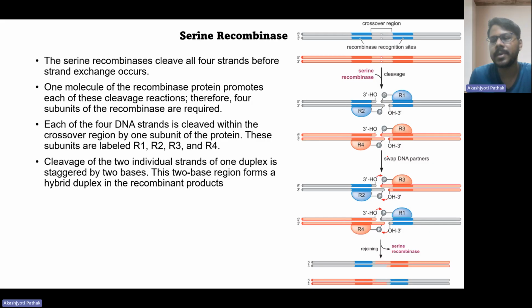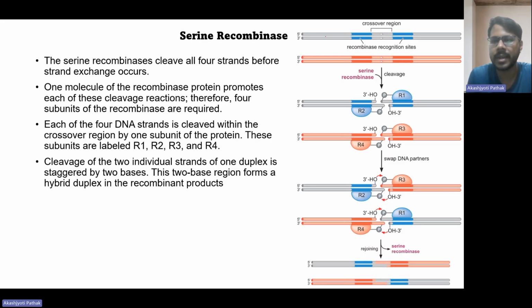Now there is swapping between the DNA partners. So this DNA partner goes with the upper DNA strand. Okay, and the other DNA strand goes to the bottom DNA molecule, which results in rejoining and recombination.